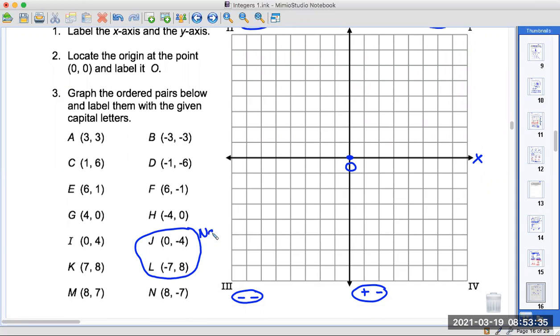So point J starts at 0. So you start at the origin, you do not go left or right because 0 is your x, -4 is your y. So you don't move, and then you go down 4. 1, 2, 3, 4. Here's -4. And this is point J.